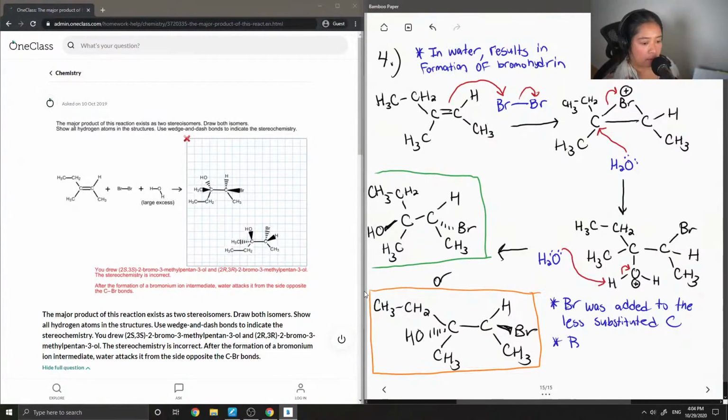And also bromine and the OH group are at opposite sides of the plane. This is called trans addition.